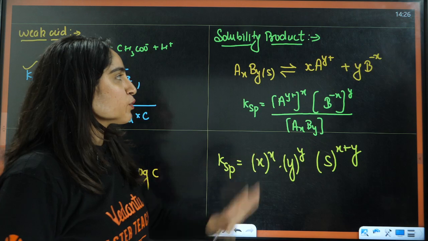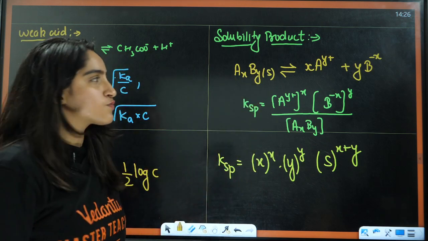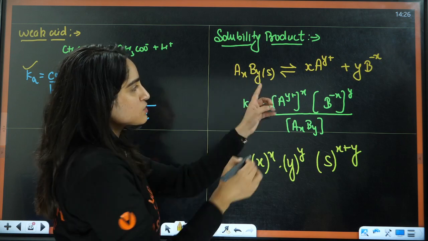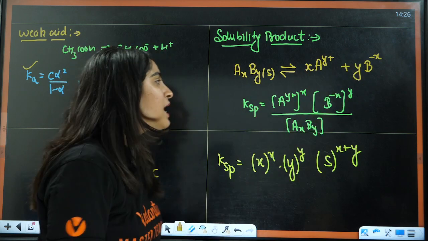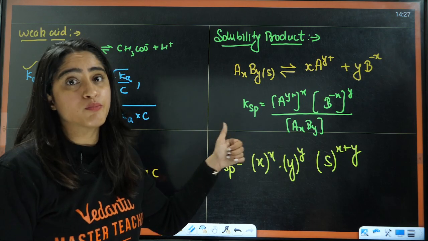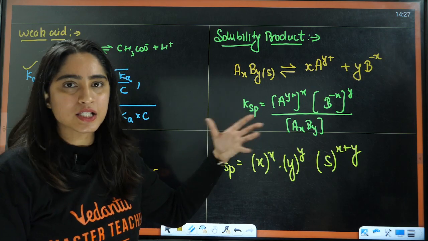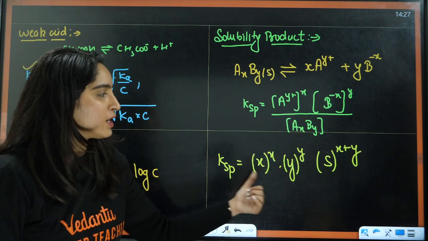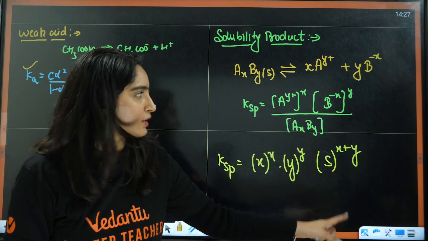Next is solubility product. Here also I have generalized this formula. You have this general formula. This is AxBy. This is the solid that is getting dissociated, and the formula of Ksp, that is solubility product, is a very important and frequently asked question. The formula is this, and for Ksp the formula can also be written in terms of solubility.